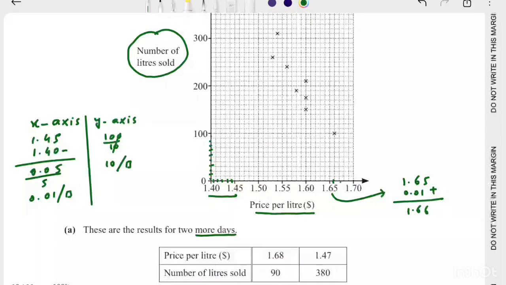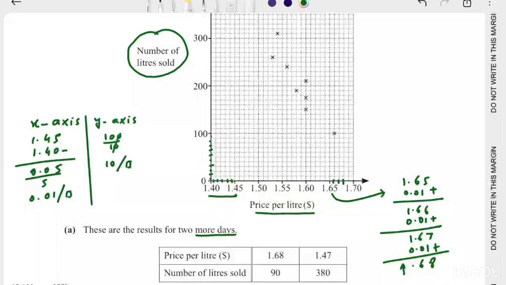Now I have to check for the next box again. So 0.01 will be added again, 1.67. Now we have to check for the next box as well. 0.01 we are going to add, plus 1.68. So this would be the exact position.